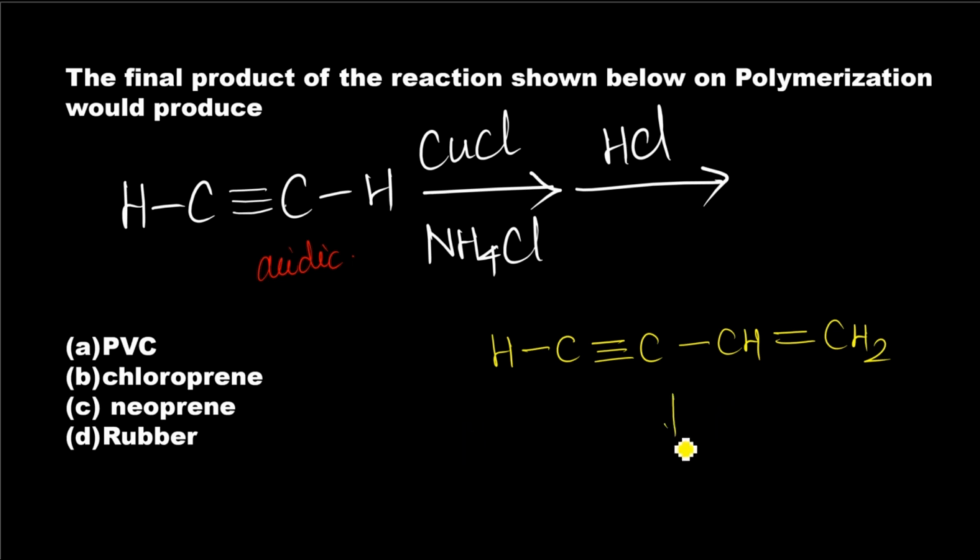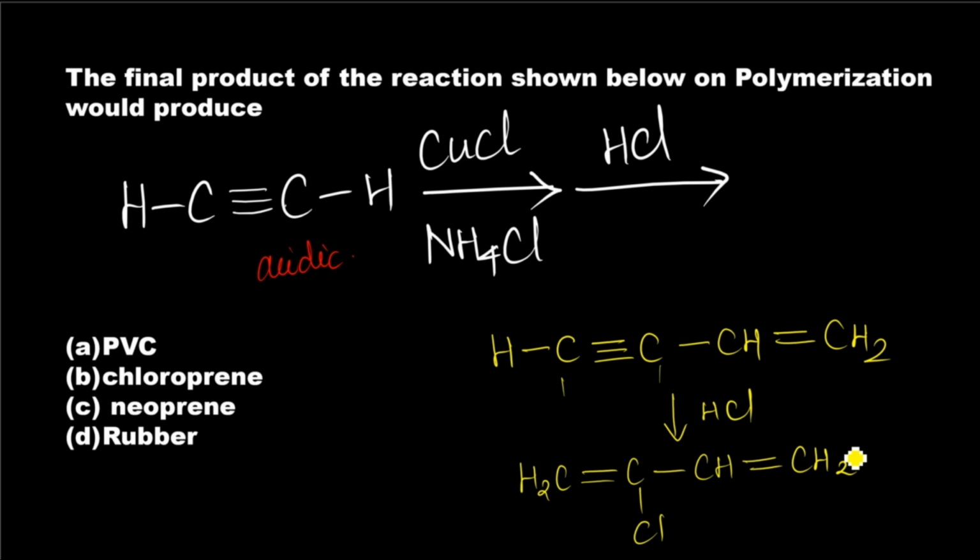Then it undergoes reaction with HCl, which will get added up over here. So CH2 double bond CCl CH double bond CH2. Cool.